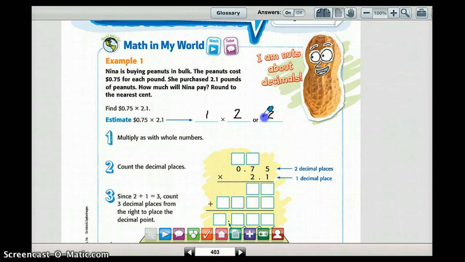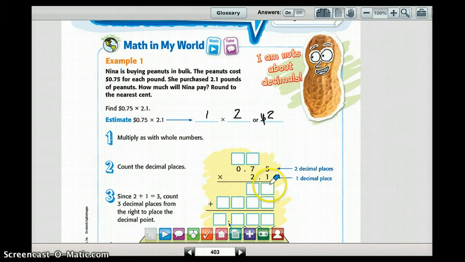Now we can multiply them as whole numbers. That's our first step. You already know how to multiply whole numbers, so we're just going to write it all the way to the right, like the video said. We're going to write 75 cents times 2 1/10. I know this looks kind of weird because when we did addition and subtraction, we lined up our decimals, but with multiplication, you don't have to. So first, we're just going to multiply it regular. Ignore the decimals for now.